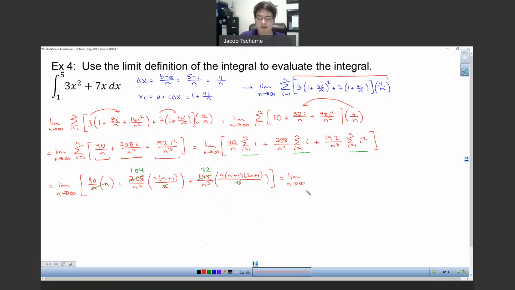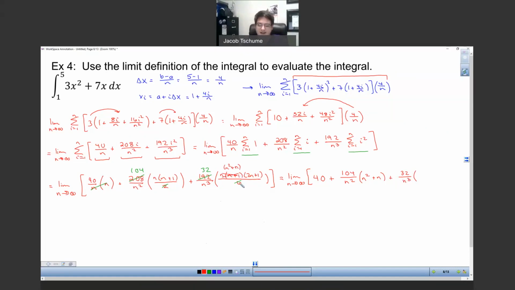So this is the limit as n goes to infinity. So you just have a 40 plus 104 over n squared multiplied by, if I multiply the n times n plus 1, that's n squared plus n, plus 32 over n cubed, all of that multiplied by, if you were to expand all of this, so let's see, this right here would be n squared plus n.